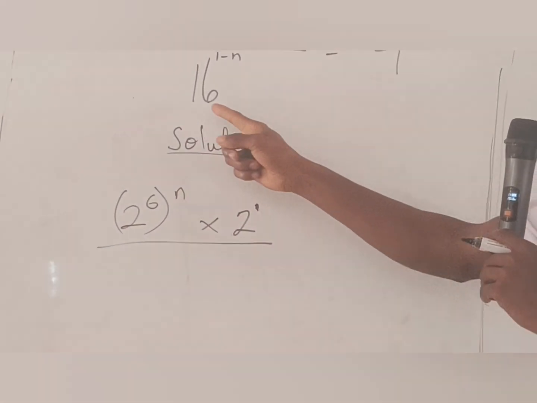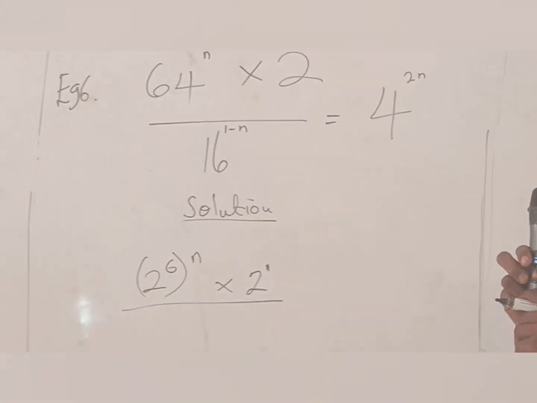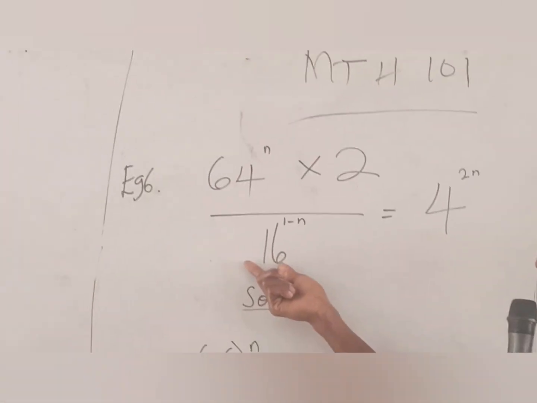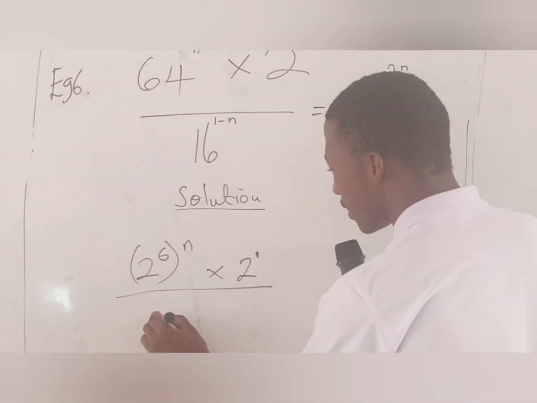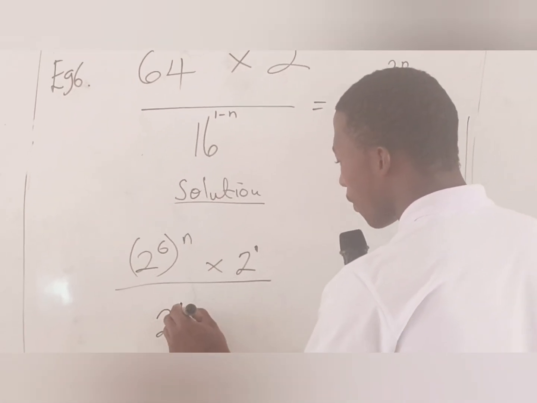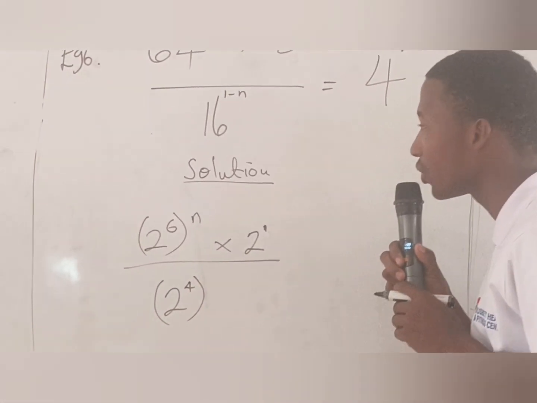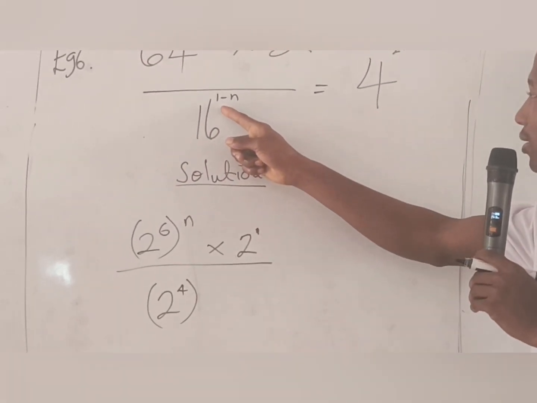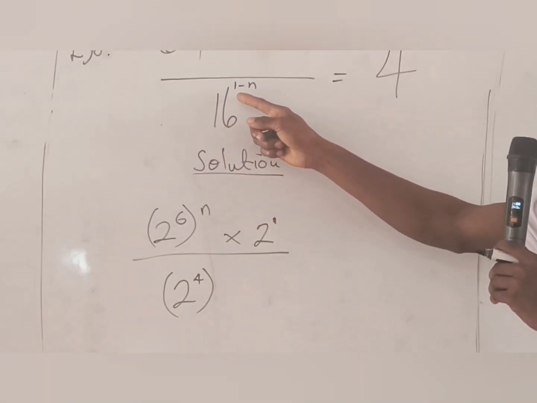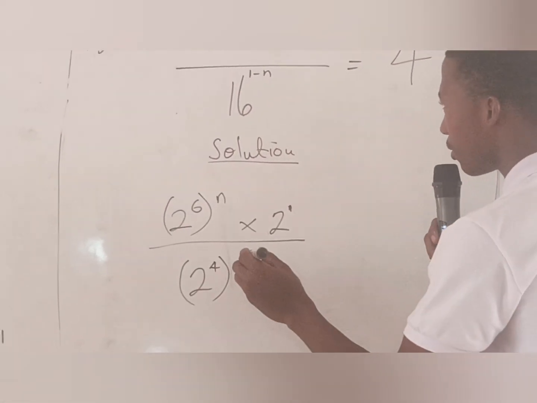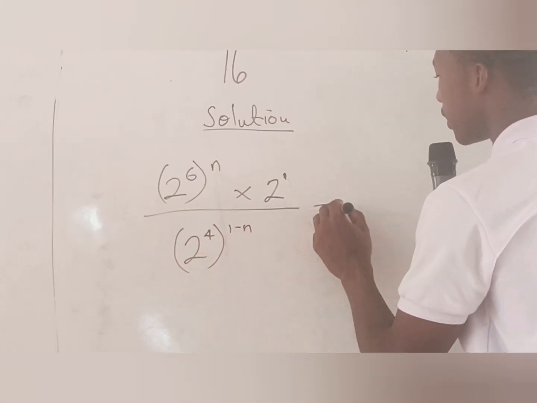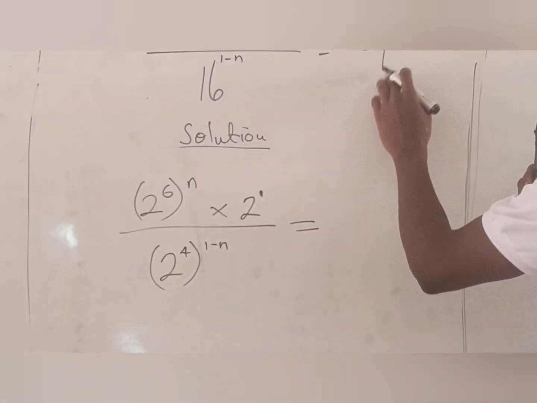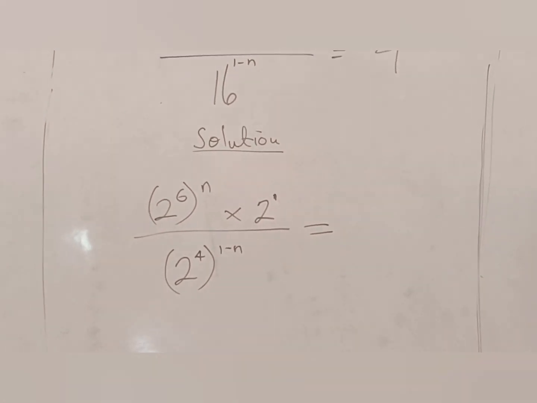So now we have 16. The 16, we can have 2 to the power 4, giving us 16. So we have 2 to the power 4, that is our 16, and 16 itself was raised to the power 1 minus n. So all is equals to 4 to the power 12.